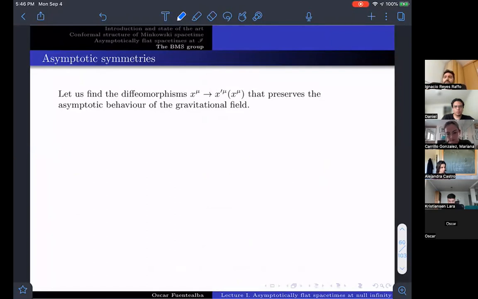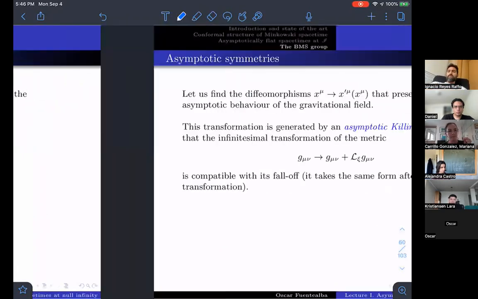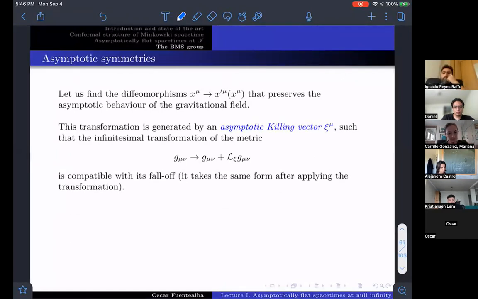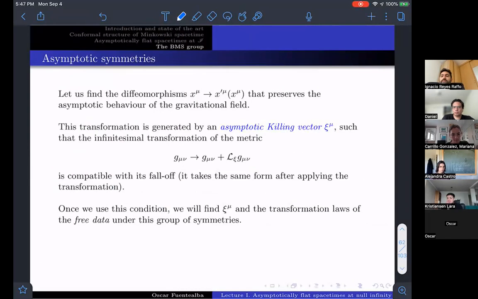An asymptotic symmetry is going to be a diffeomorphism that preserves the asymptotic behavior of the gravitational field. This transformation is generated by an asymptotic Killing vector, chi^mu, which infinitesimally must be compatible with the fall-off. What is compatible means that it takes the same form after applying the transformation, the same fall-off.